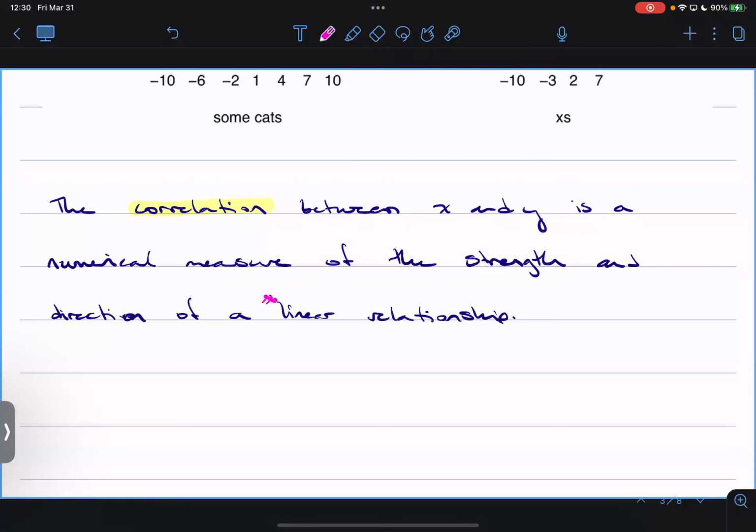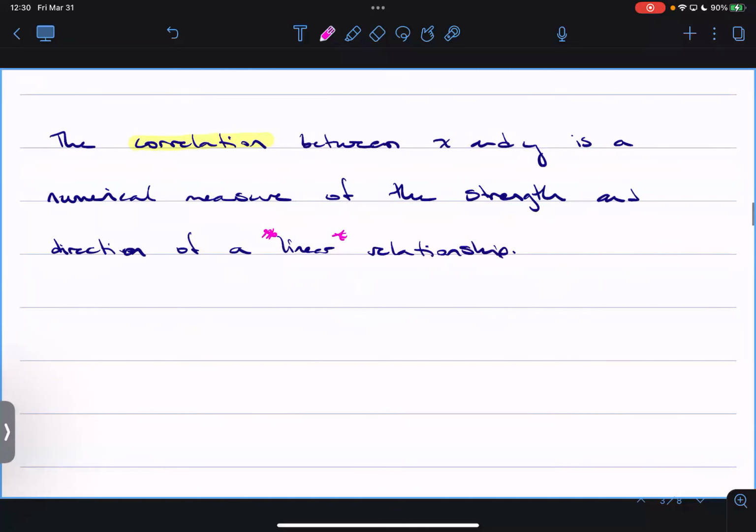Very, very important that it's for a linear relationship. The problem is that R or Excel or whatever you're using, if you ask for the correlation, it says, you got it, I can do it. And it will. So you can always find the correlation, but it's only applicable if you have a linear relationship.